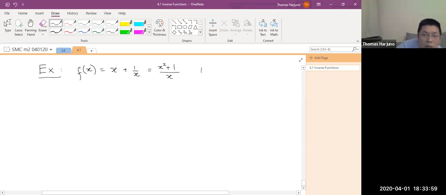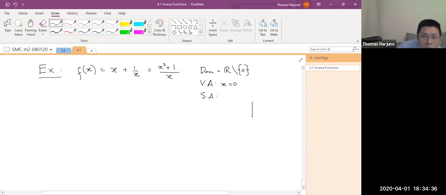The domain is all real numbers except 0. There's no x-intercept, there's no y-intercept. We have vertical asymptote x equals 0. And we should have a slant asymptote because the degree on the top is 1 more than the degree of the bottom. Let's just find it out.